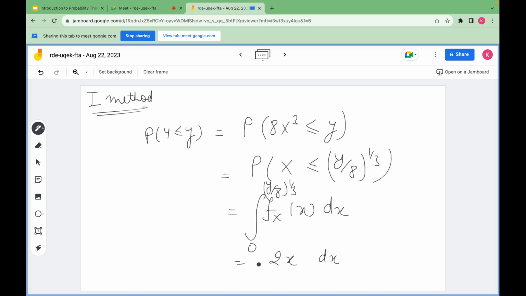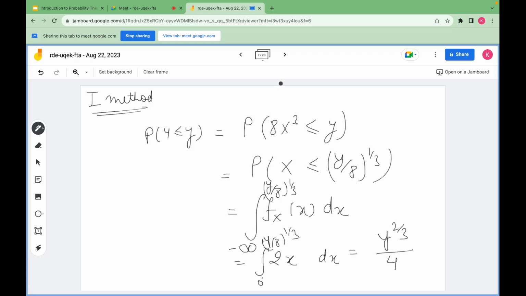The limits would be minus infinity to y by 8 to the power 1 by 3, but as we know that x varies from 0 to 1, the lower limit changes to 0. When we solve this, it comes out to be y to the power 2 by 3 divided by 4.